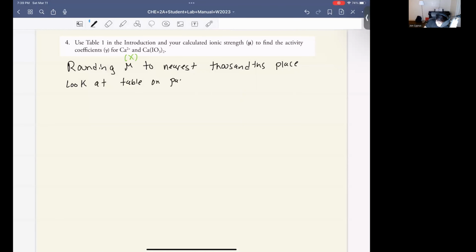On page 94 for activity coefficients of calcium 2 plus and iodate, right? That's wrong. That should be iodate.